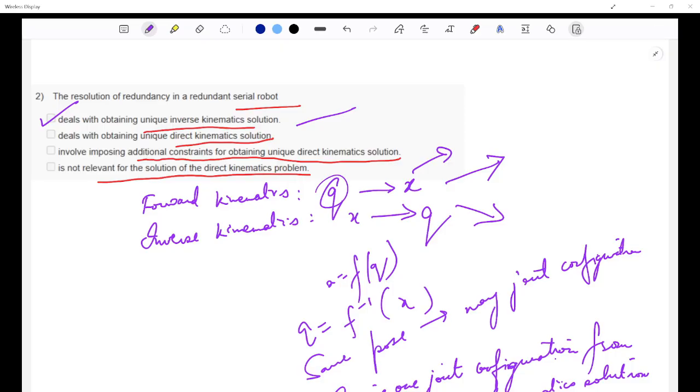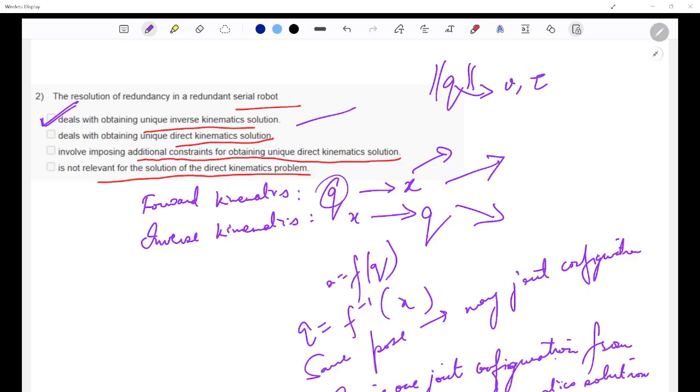For example, we want to minimize the joint variables, whether it is torque or angle or whatever, or, let's say, we want to maximize manipulability. So option A is correct.